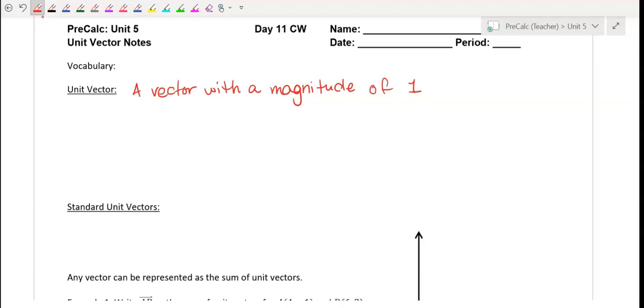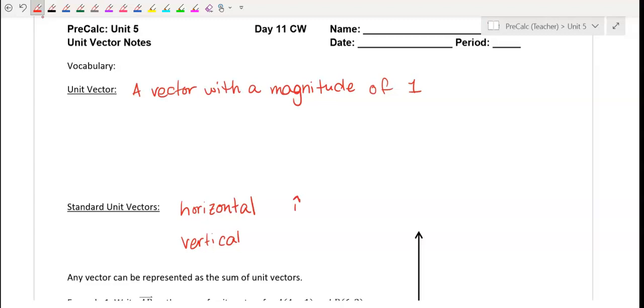And then what your standard unit vectors are is that you have your horizontal, which we've already talked about in component form of vectors, where you have the horizontal component and you also have the vertical component. For the horizontal unit vector, you're going to signify it with an i hat.